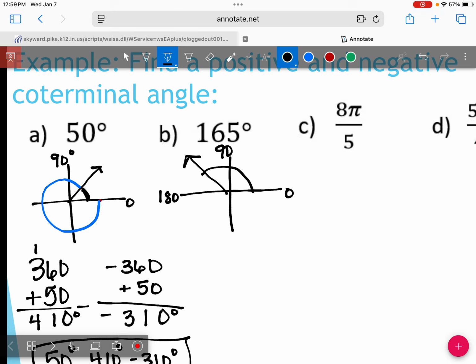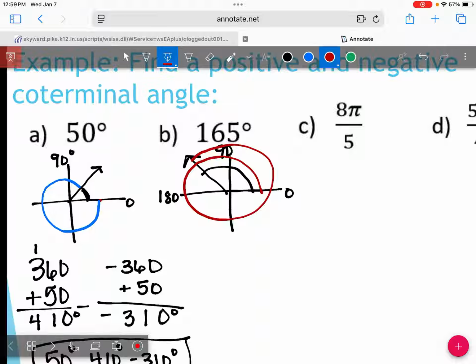So that is my 165-degree angle. Okay, what if though? What if I start at 0, I do one full lap, and then I stop there? That means I'm adding 360 to it.